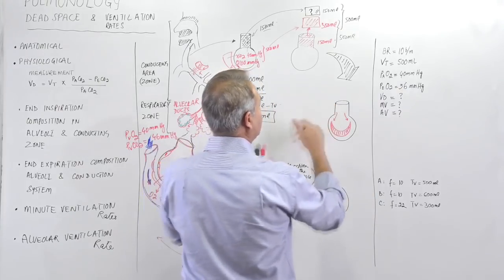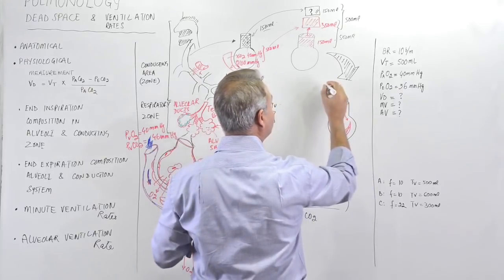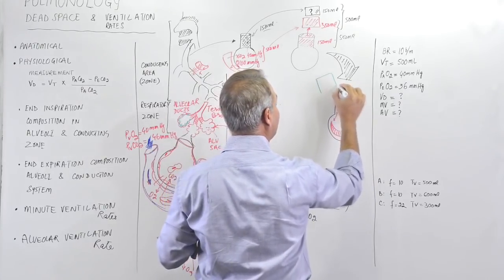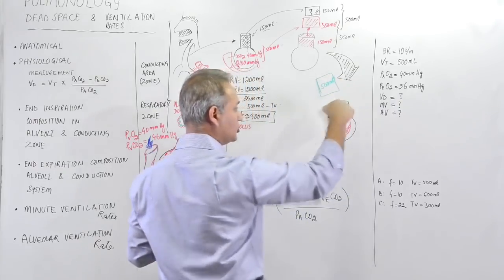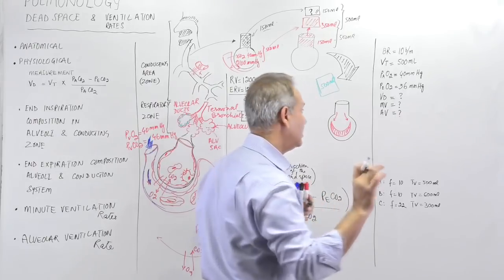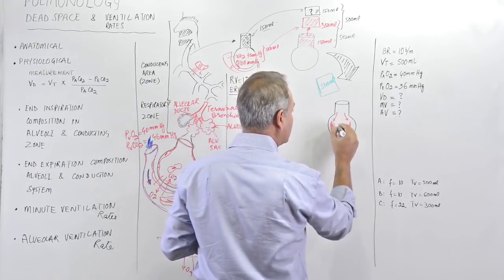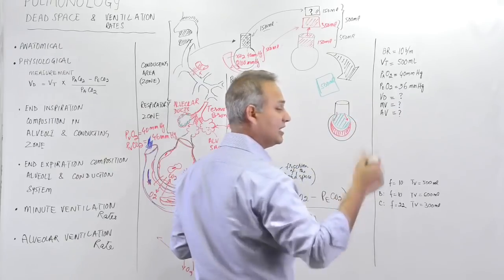What is that more air? Out of the fresh air around, a chunk of 500 ml of new air is going to go in. The first 350 ml are going to go in the alveoli.